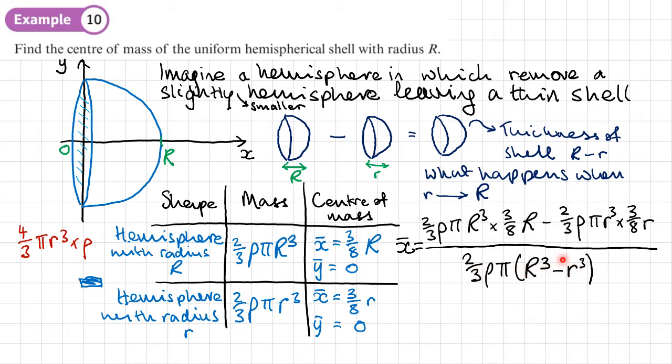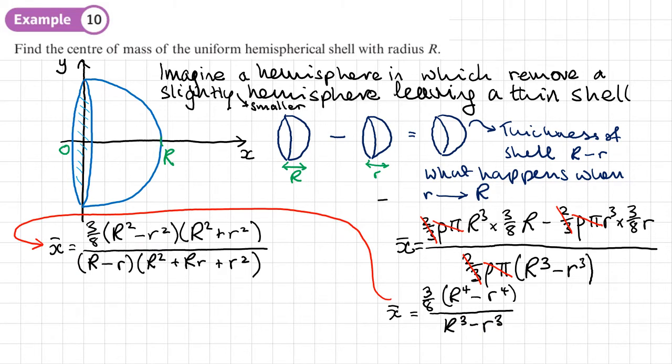So I've just factorized this, so the mass of the outer shell minus the mass of the inner hemisphere. Now we can cancel out the 2/3, and we can cancel out rho pi from all of the terms. So then the whole expression will simplify to 3/8 big R to the power 4 minus little r to the power 4 over big R cubed minus little r cubed.